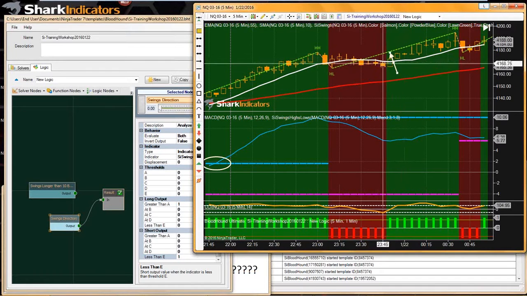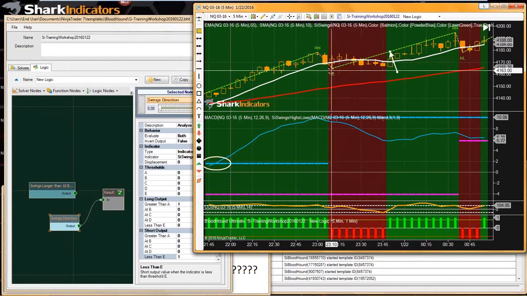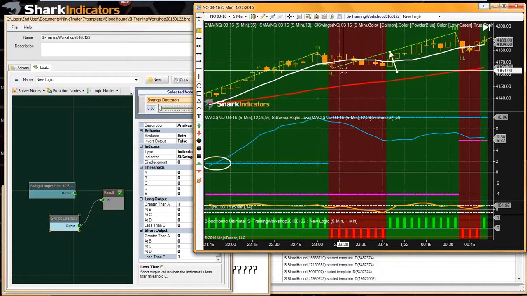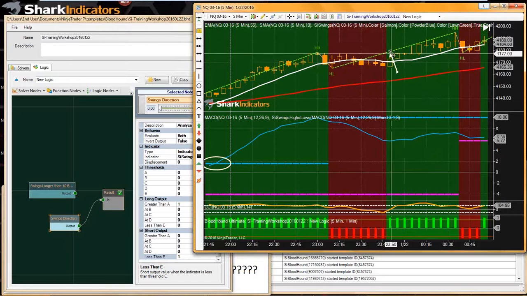You can see that price was just chopping around, so the indicator did not switch to an upswing until we got to this bar here. That's why this is all red, because in real time this indicator was still in a downswing direction. And then once price moved up high enough, the indicator moved to an upswing direction.